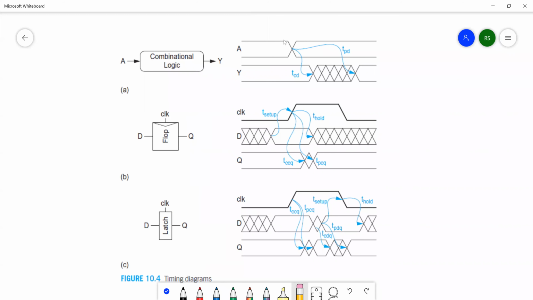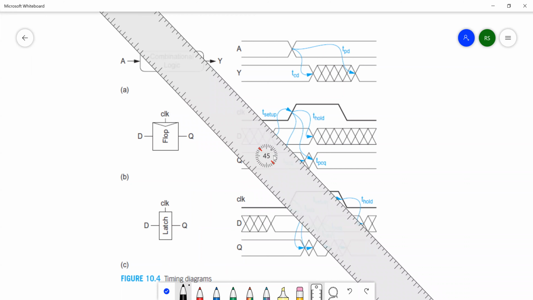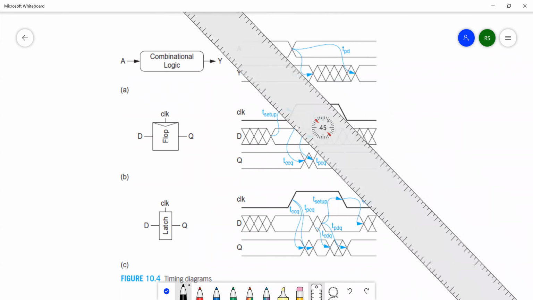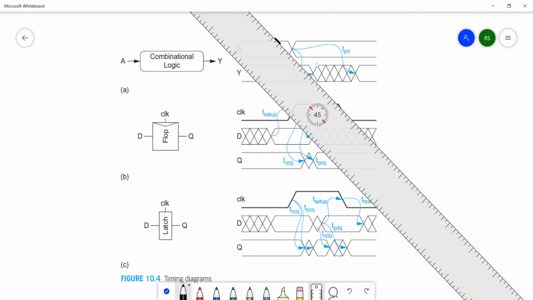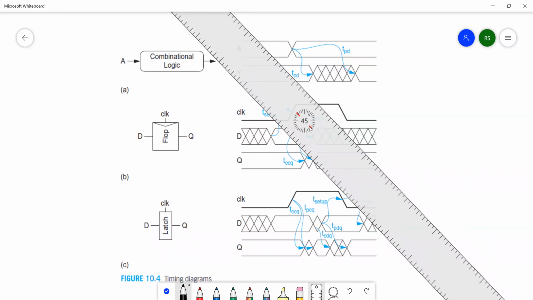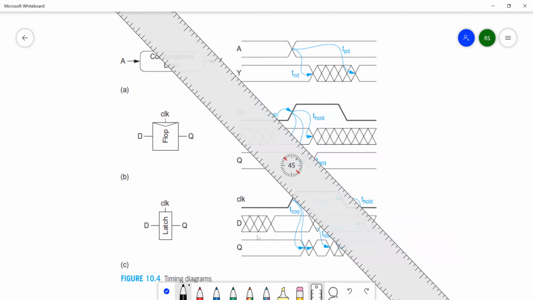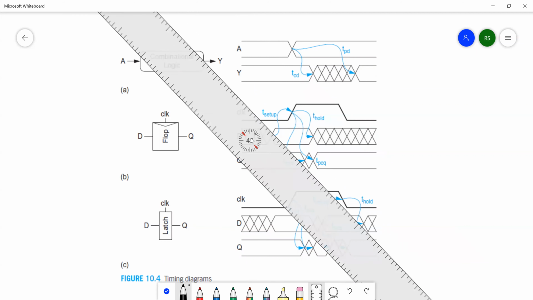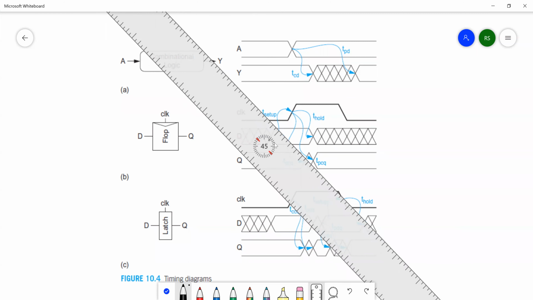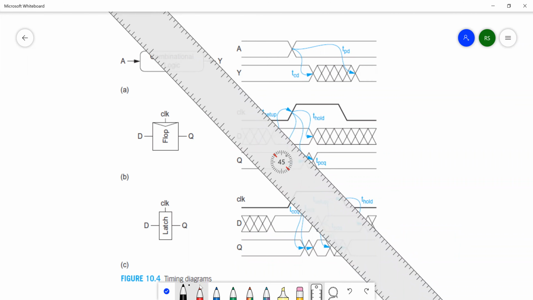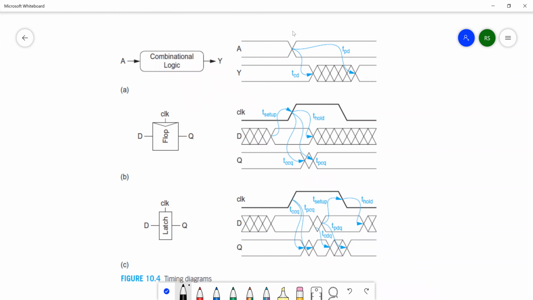This is the very simple one. Maybe I can't make it straight, so I'll just draw. The input has changed at this particular point.